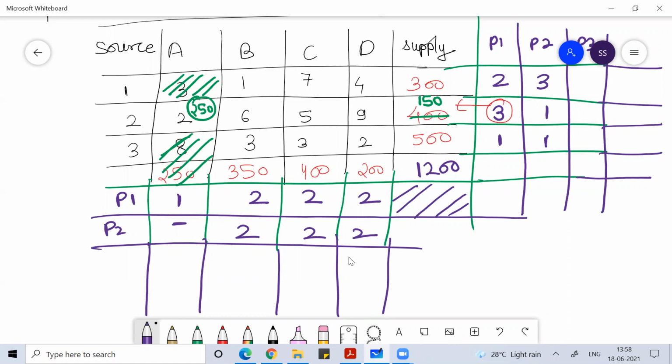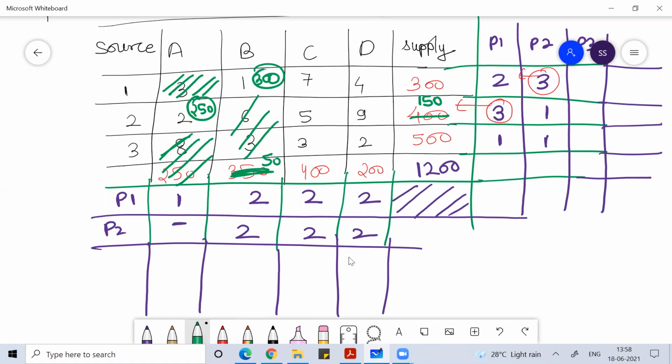The largest penalty is 3, so I'll get into that row. In the first row, the smallest element is 1. Supply is 300 and the demand is 350, so you can put 300. Nothing more can be put here, and this becomes 50.